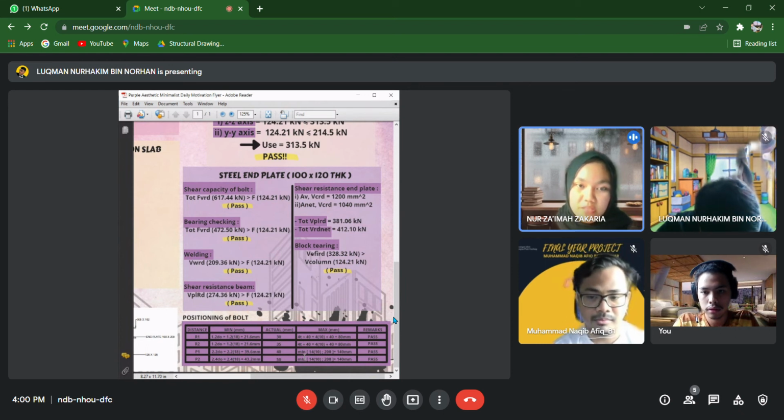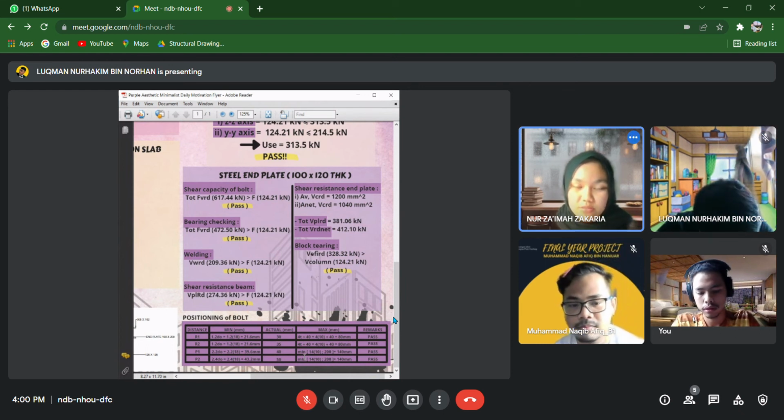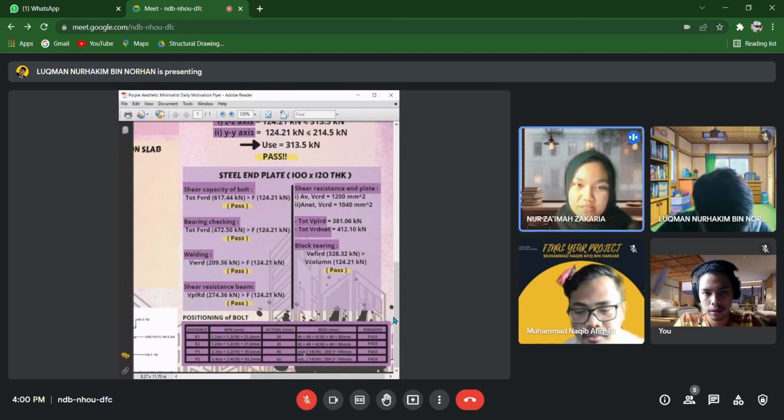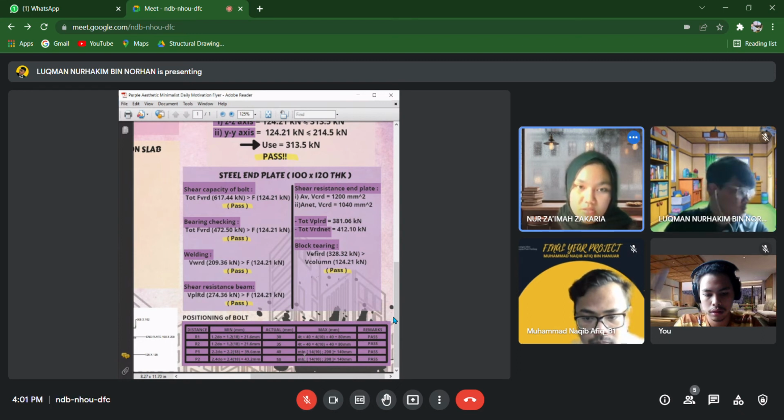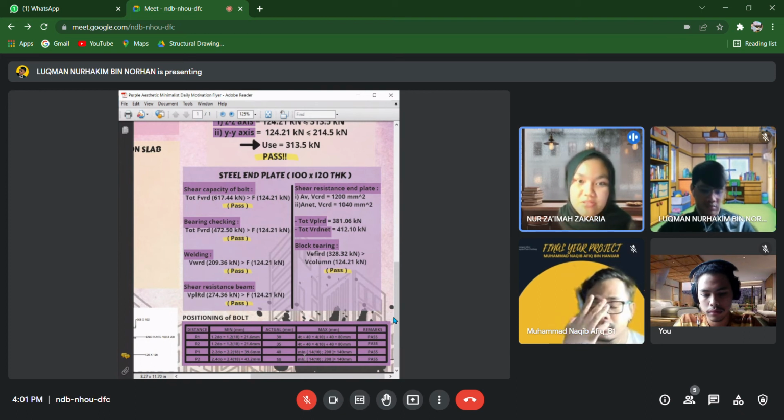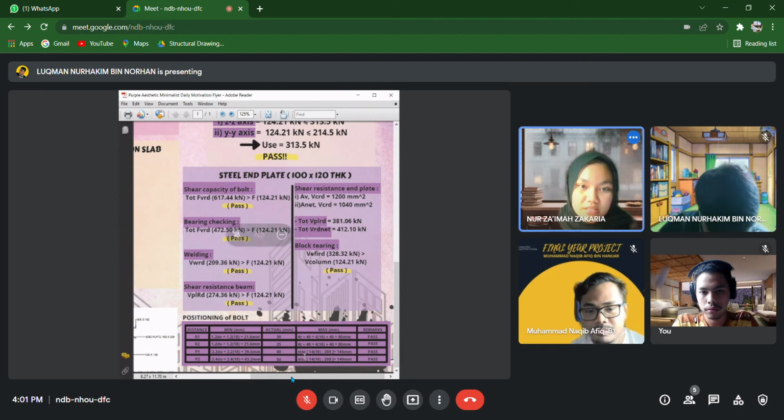From that, the total VplRd is 381.06 kN and the total VRd,net is 412.10 kN. It passes because both are bigger than the shear force.